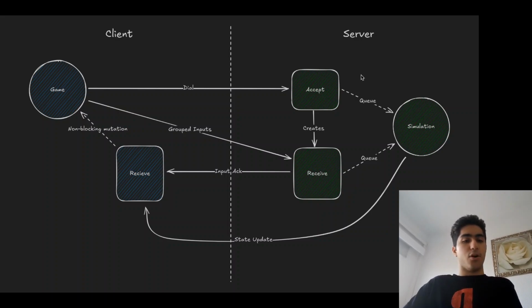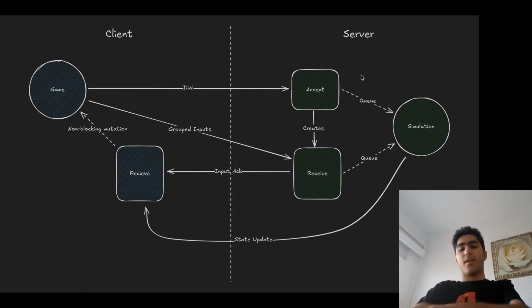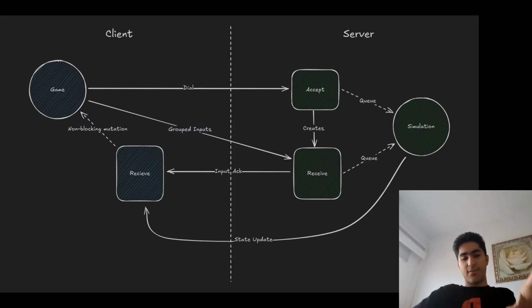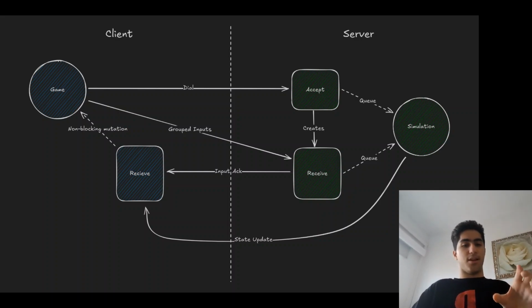So, you have a server running, no clients so far, but one client comes up and wants to join the game. It sends a dial, or in lower-level terms in my implementation, a flag join datagram.